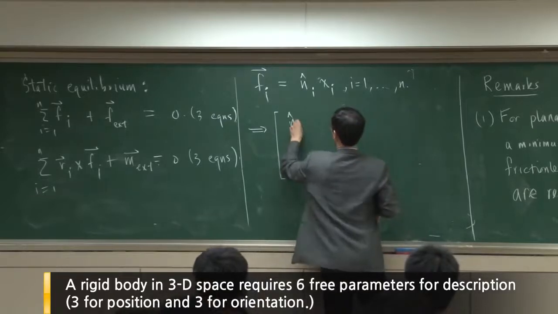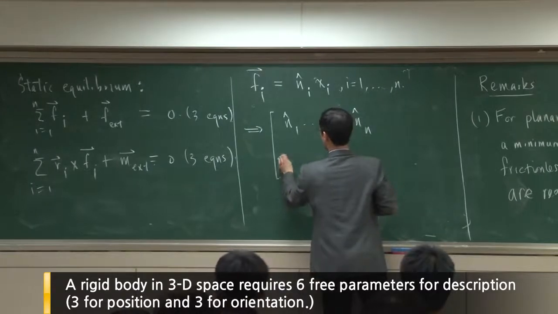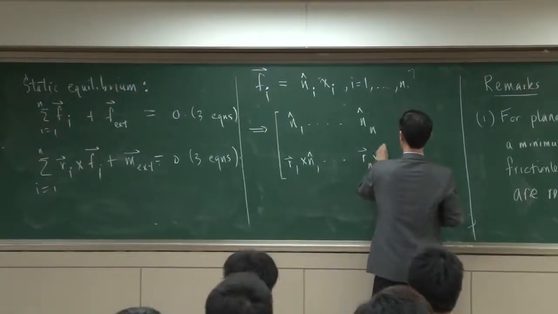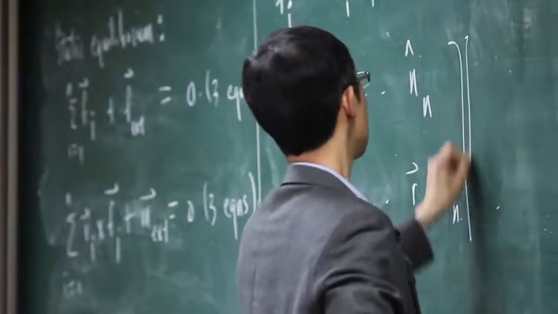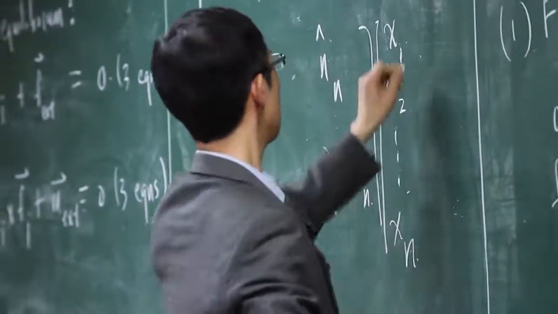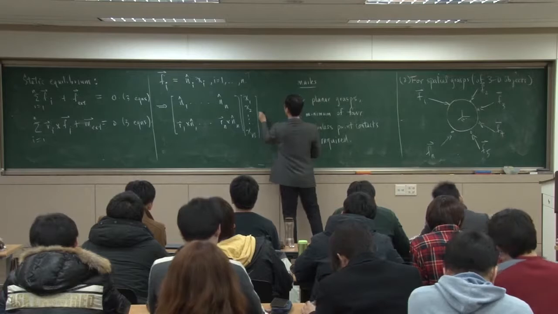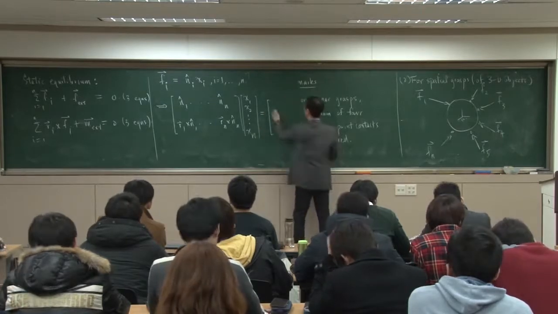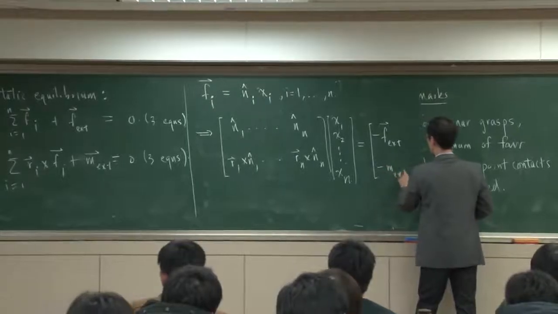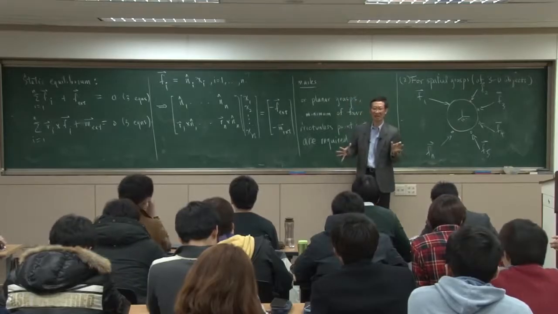We have n hat 1 up to n hat n, R1 cross n hat 1, up to Rn cross n hat n, times x1, x2 up to xn. This has to equal an arbitrary external force and arbitrary external moment. So this is our Ax equals b in the 3-dimensional case.